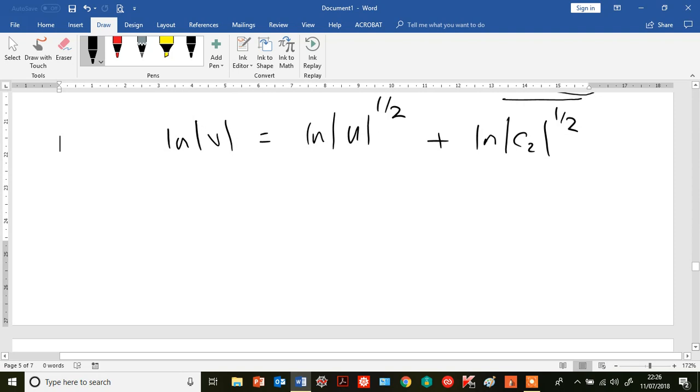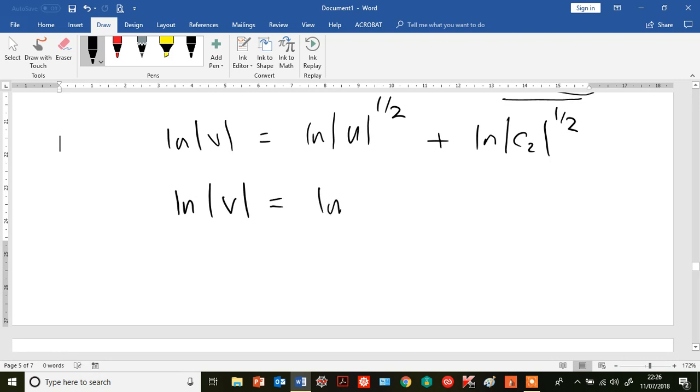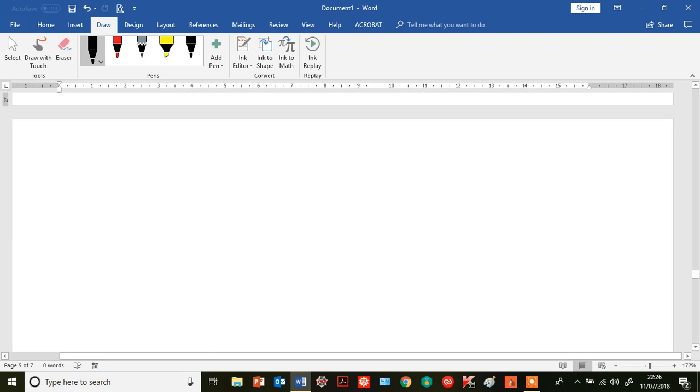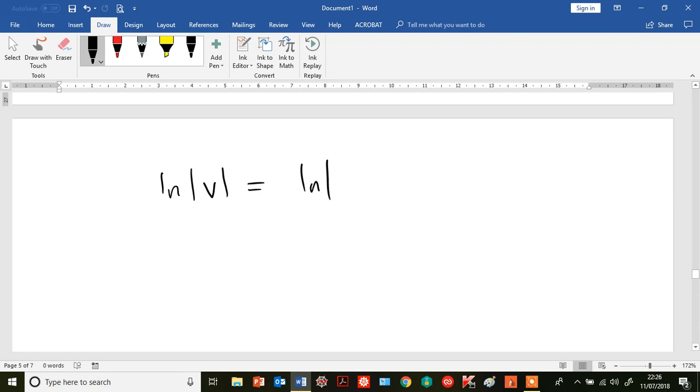And simplifying a bit further, we can have log of v equals the log. Now you can multiply the u and the C2 together to get u C2 to the half, and if we come down here, we've got log of v equals log of C2.